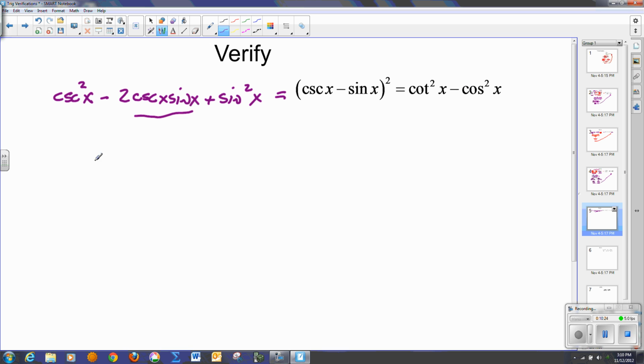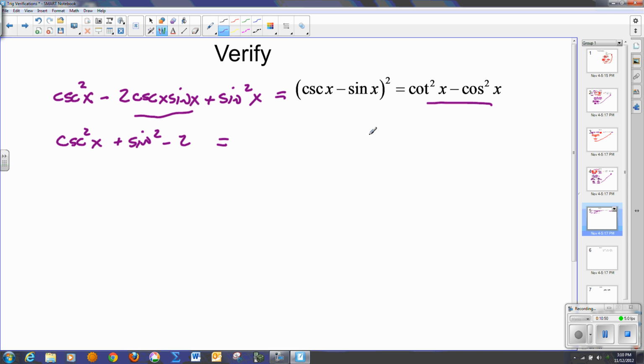So that's just a simple value of 1, which gives the 2. So we have cosecant squared of x plus sine squared of x minus 2. And I've got to get that equal to this term over here.